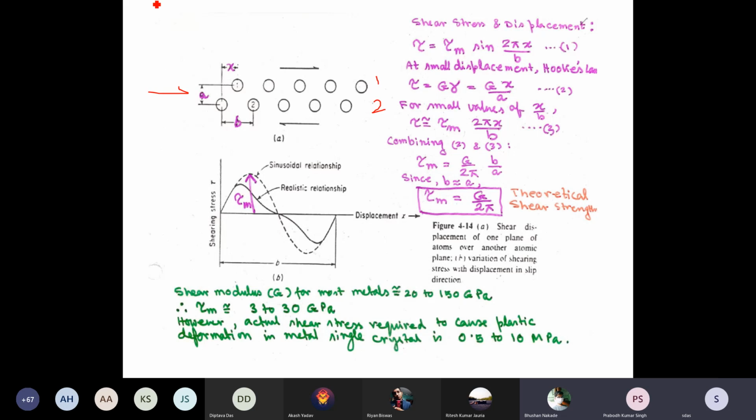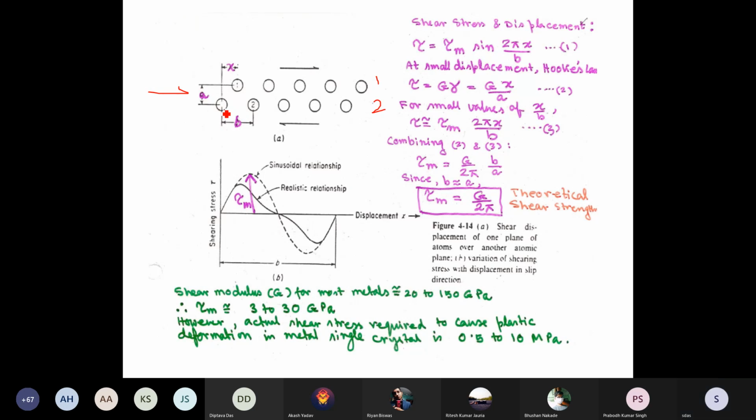So it will be like this, a sine curve. It has a peak, it has a valley, it has a peak, it has a valley. That is the wavelength. This is the amplitude, and the amplitude is tau max. And tau is the shear stress. What is x? The slide displacement, the amount by which card number 1 was glided over card number 2.